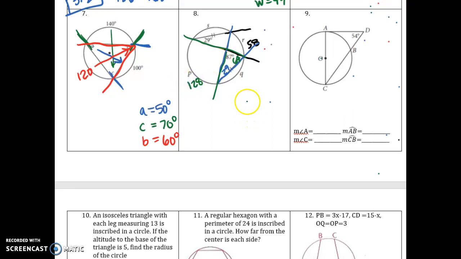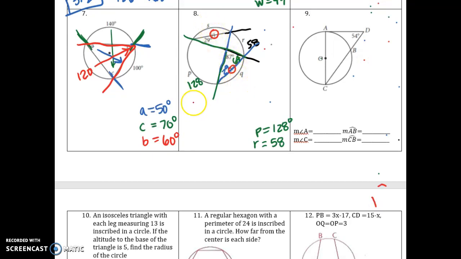I guess I should be writing this down. R is 58. P is 128. So now I just have to find the other ones. Now note, it was easy to miss, but these two chords are marked equal. So that means that this arc has to be the same as this arc because those two chords are equal.